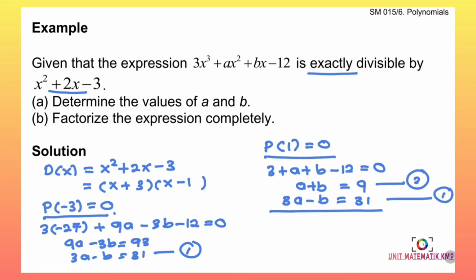By adding equation number 1 and equation number 2, we have 4a is equal to 40, and a is equal to 10. Can you find the value of b? Please find the value of b by yourself by substituting a equal to 10 into the first or second equation.